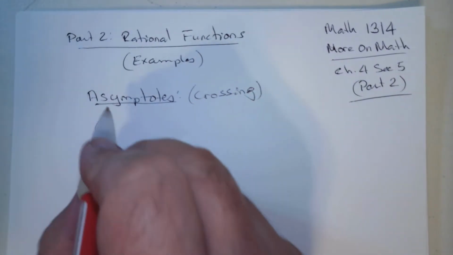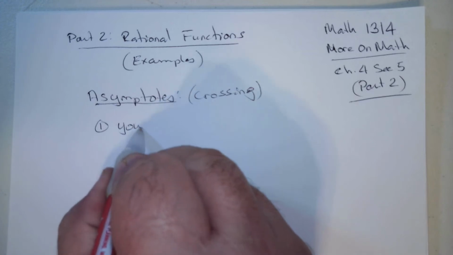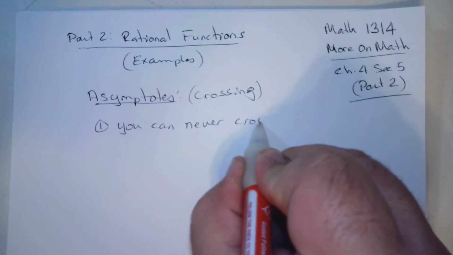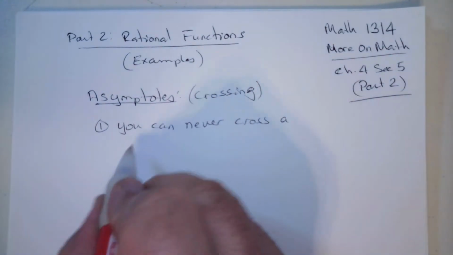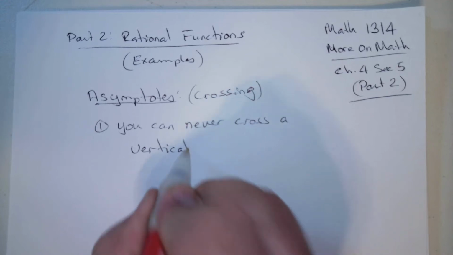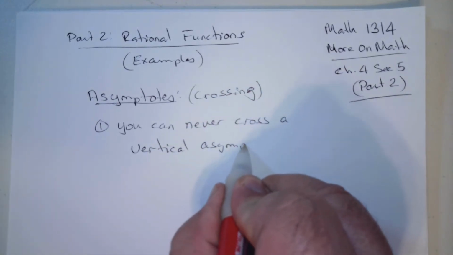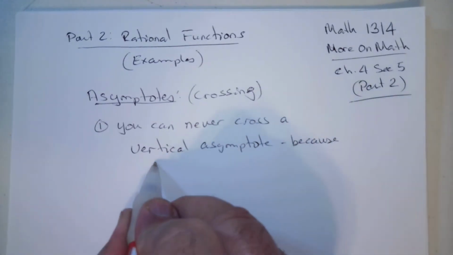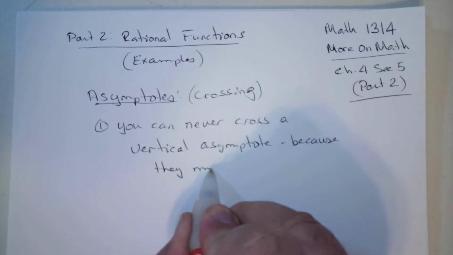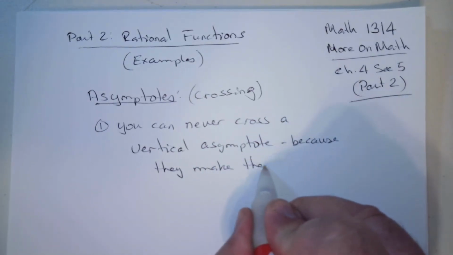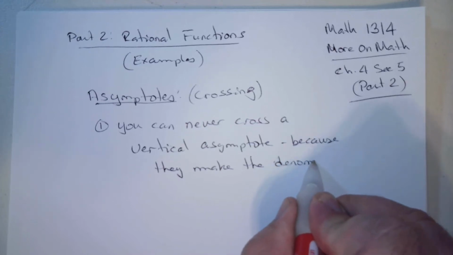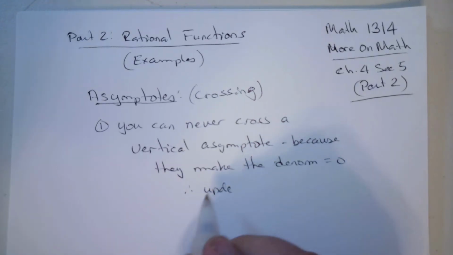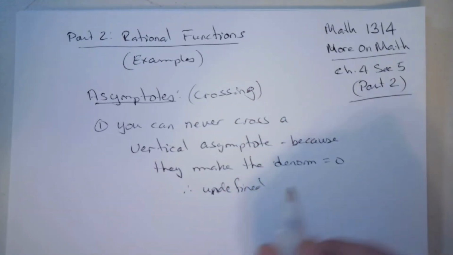So, one, you can never cross a vertical asymptote, because they make the denominator equal 0, which makes the equation undefined.